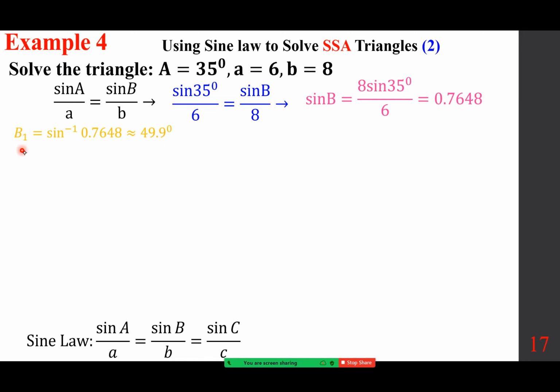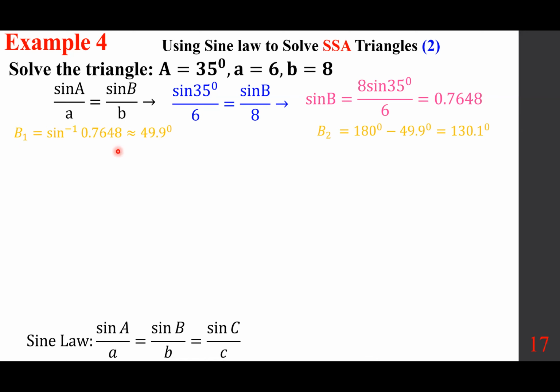Why are we calling it B sub 1? Again, sine is positive in the first quadrant as well as the second quadrant. Therefore, we can call this a reference arc subtracted from 180 to get to the second angle. And that's what we are going to do.